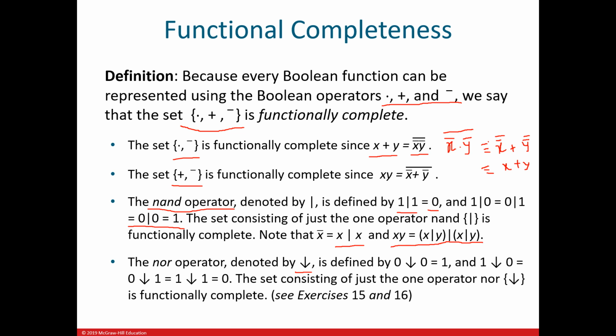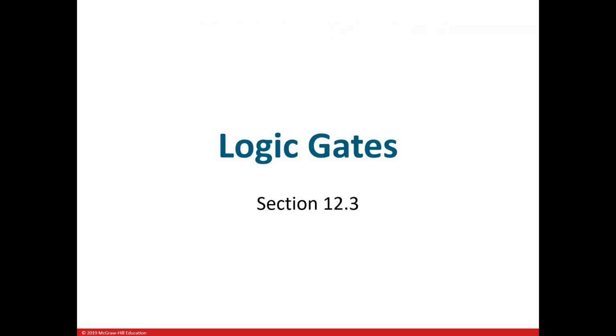So in the OR function, whenever you have both 0, you have 0, but in this case, whenever you have both zeros, you have 1, and whenever anything is 1, you are going to have the combination as 0. Again, the set consisting of only one operator, if we use only this NOR operator, we can generate a functionally complete set.